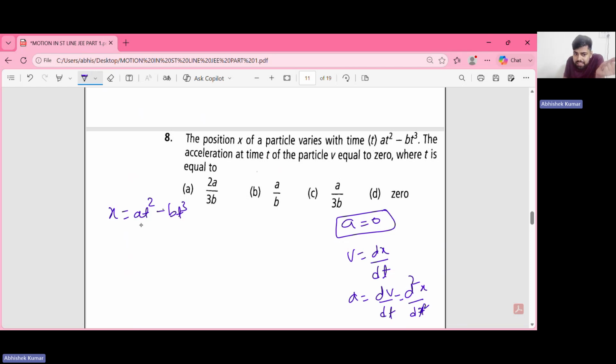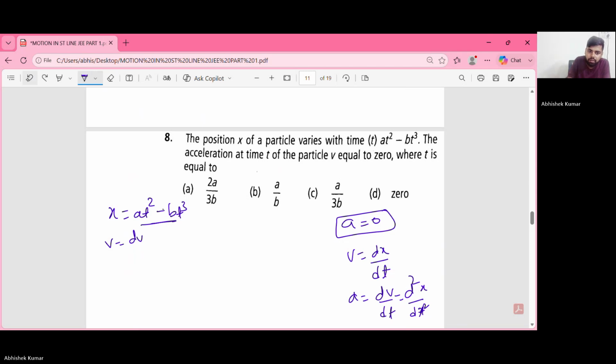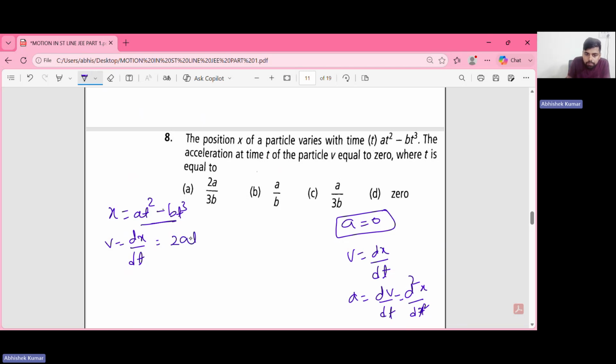It means if I differentiate this term 2 times, we will get the answer. So if you differentiate the first time, v is equal to dx by dt. What will you get? It will come 2at, and minus 3bt square.